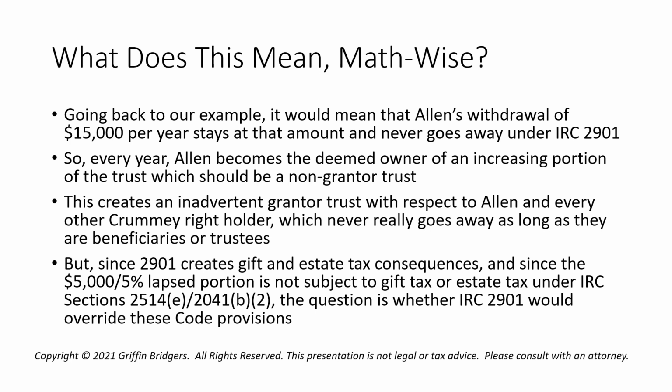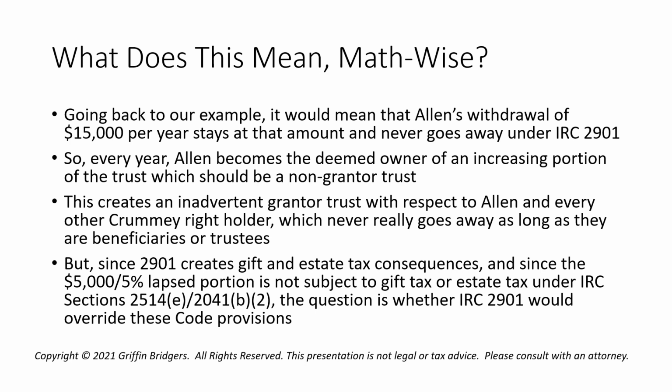But what this means under some prior IRS rulings is that Allen would every single year become the deemed owner of an increasing portion of the trust, which should be a non-grantor trust. So that would create an inadvertent grantor trust with respect to Allen and any other Crummey right holder, which will continue to grow and grow and grow and never really go away as long as they are beneficiaries or trustees.